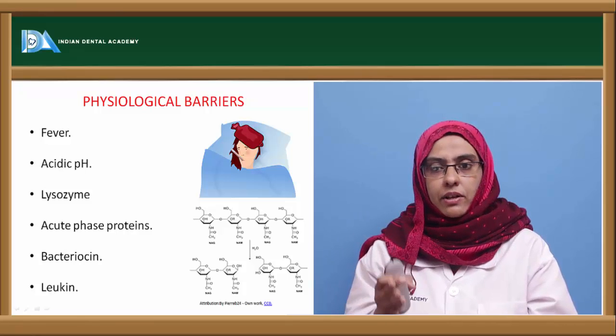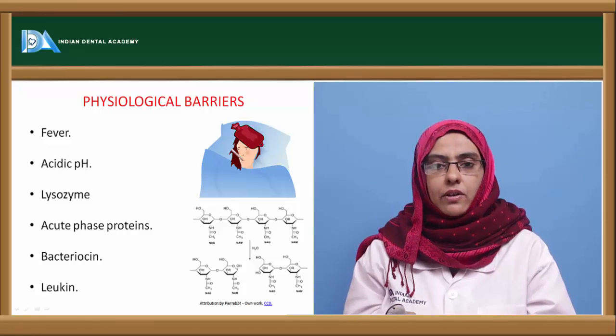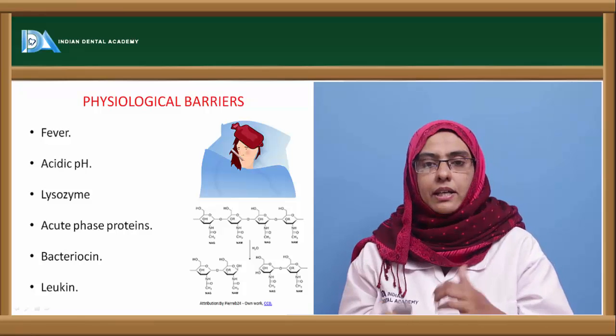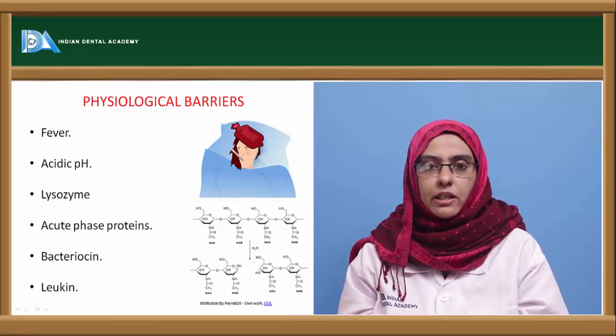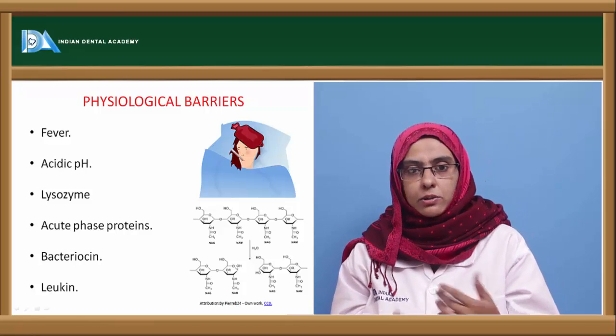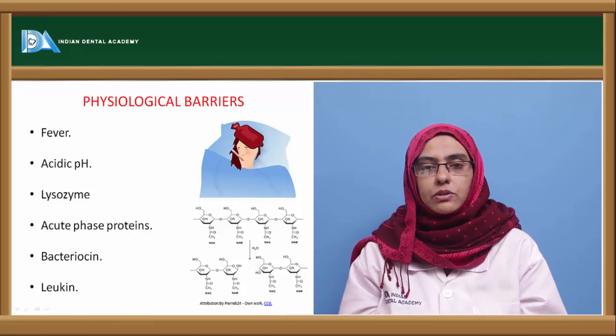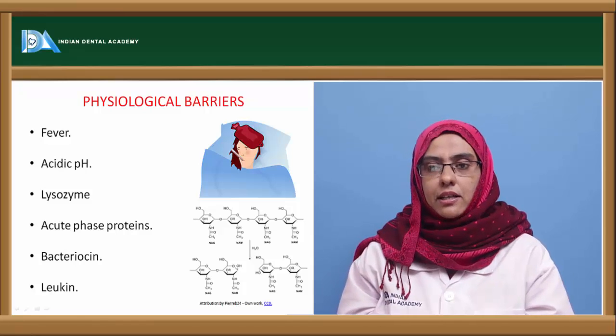When it acts on the cell wall, the organism dies due to release of its contents, or due to osmolysis. So ultimately it is the death of the organism due to the factor called lysozyme.